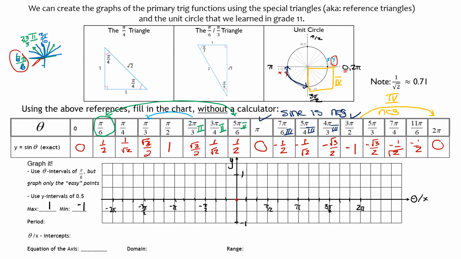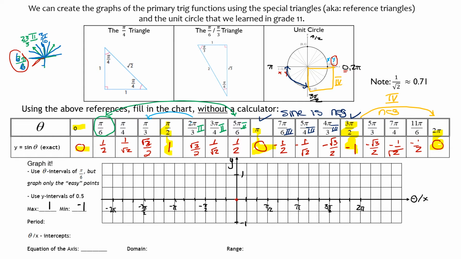So I'm going to graph 0, 0, pi over 2 and 1, pi and 0, 3 pi over 2 and negative 1, and 2 pi and 0. And you can certainly put any of the other points you want to get a better graph.